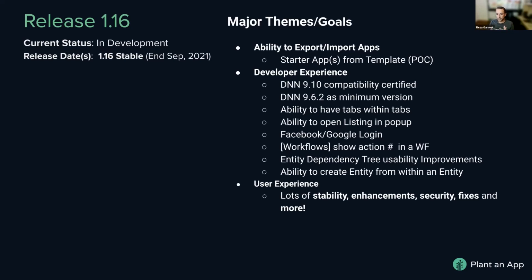We're cutting the ties with anything prior to 9.6.2. Things will still work in prior versions. But once you want to go to 1.16, you're going to want to be on 9.6.2, and the platform and the modules will not install on anything prior to that. A couple of cool things, so not just stability and security and housekeeping stuff, but having tabs within tabs.